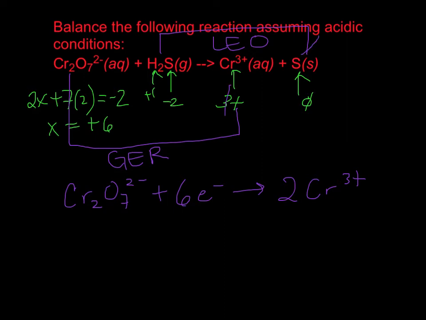Now we can write out the half reaction for the oxidation. For the oxidation we have H2S losing 2 electrons to go to solid sulfur plus 2 electrons.